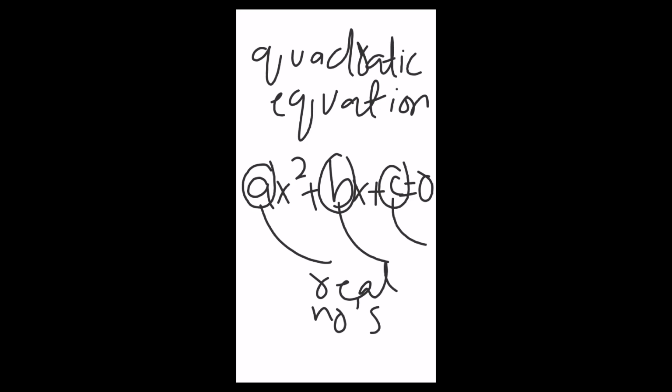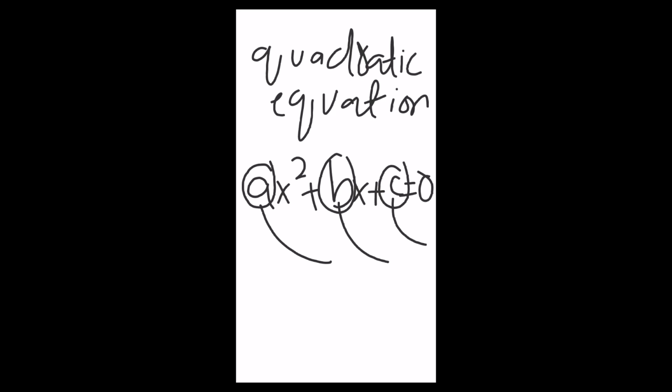Okay, where a, b, c represent real numbers and a should not be equal to 0. That's the condition. Sometimes if it comes in the exam, what is the definition of the quadratic equation? So that's the standard definition of the quadratic equation. You can say that a, b, c are real numbers.